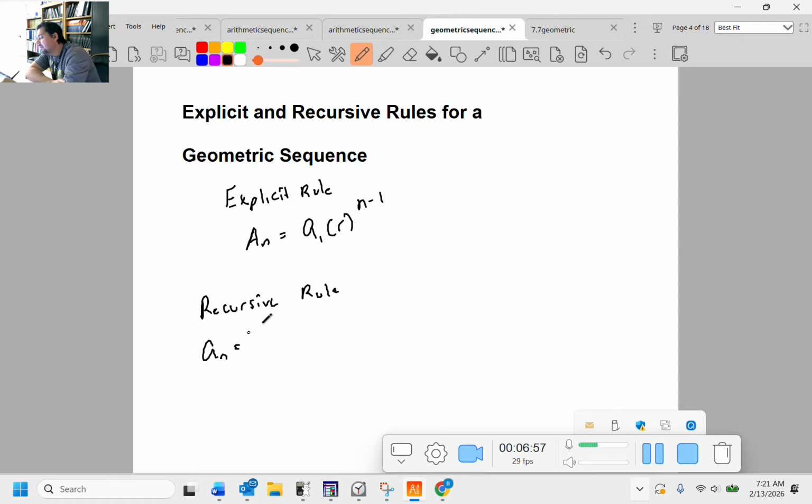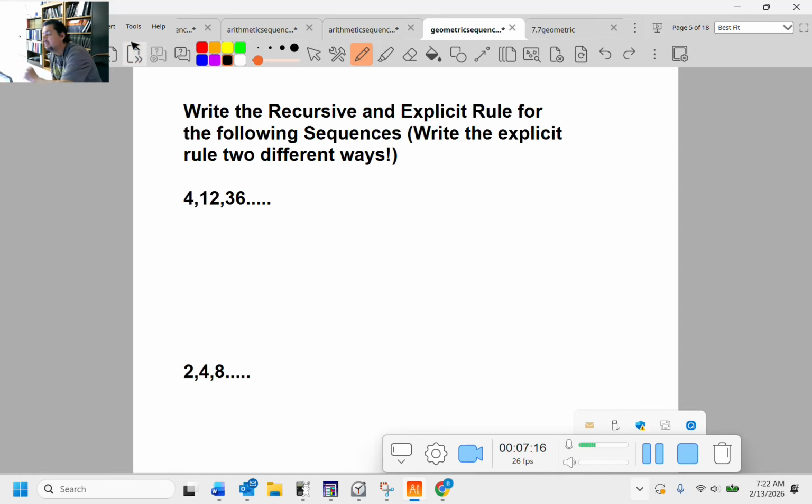It's a piecewise function. Your a sub 1 if n is 1, and your a sub n minus 1 times r if n is bigger than 1, because this is about multiplication.